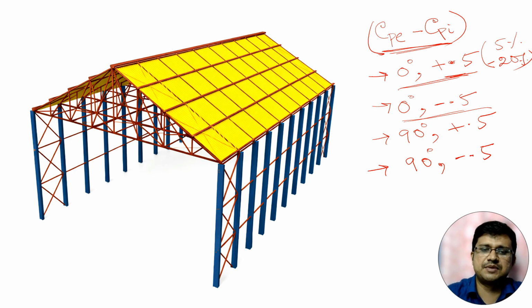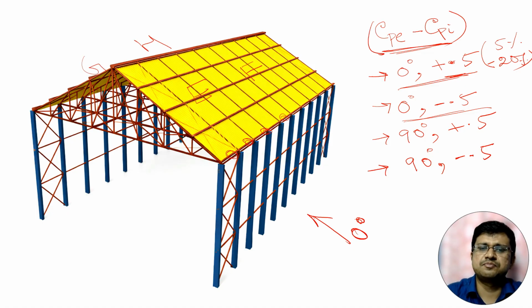And suppose wind is coming from 0 degree. 0 degree means wind is hitting the longer side of a particular building. Now, suppose we are considering this particular purlin. At that time, this purlin will be affected by the local coefficient. So, when we consider the Cp minus Cpi, this phase will be the phase EF and the opposite side will be GH.